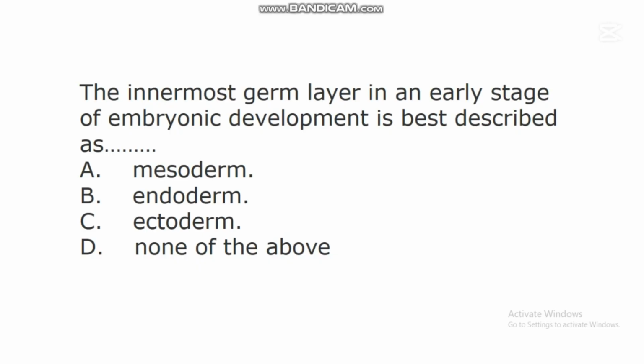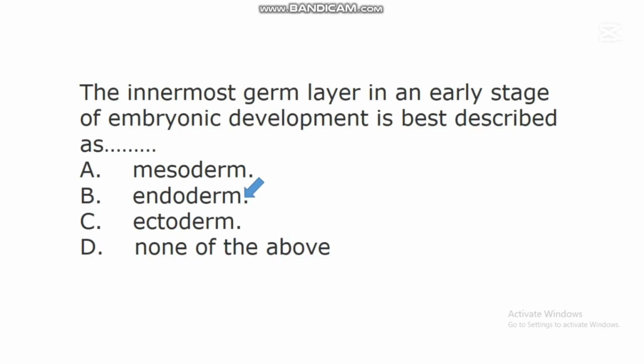The next question says, the innermost germ layer in an early stage of embryonic development is best described as dash. A. Mesoderm. B. Endoderm. C. Ectoderm. D. None of the above. In this question, the correct answer is B. Endoderm.